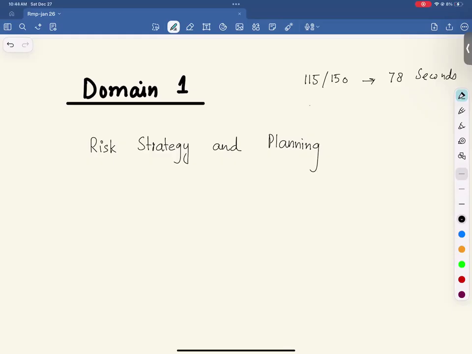And in PMP, you have 180 questions, 230 minutes, which is 77 seconds. So it's actually the same. CP is an exception. In CP, they have a lot of time. But RMP and PMP are both the same.